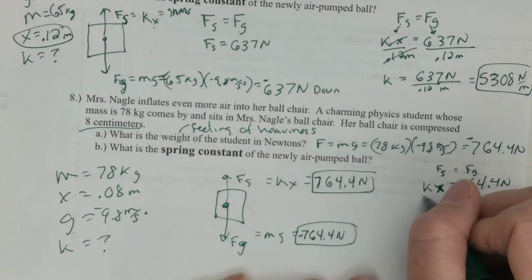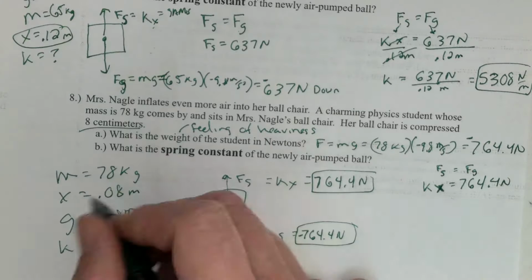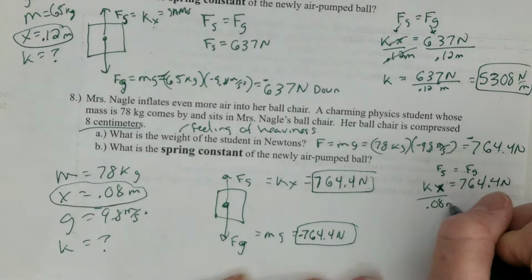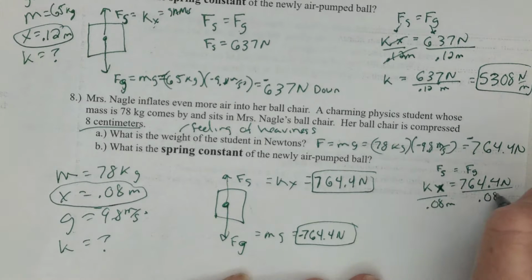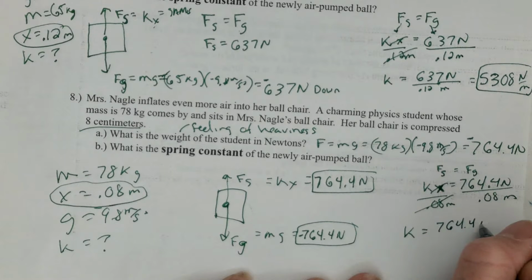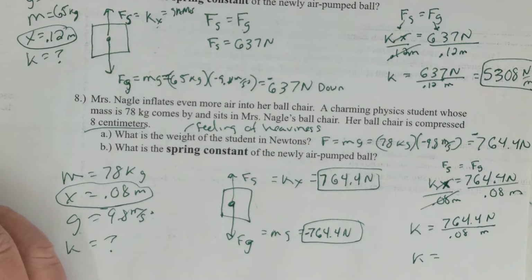I'm solving for K, so what is my x? 0.08 meters. The x's cancel out. K is equal to 764.4 newtons divided by 0.08 meters. K is equal to, drum roll, I'm going to let you finish that one out.